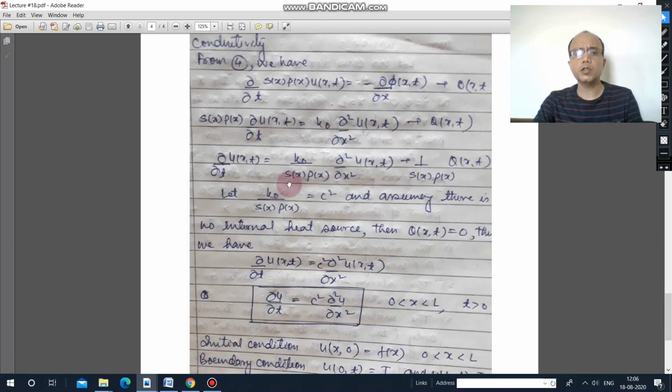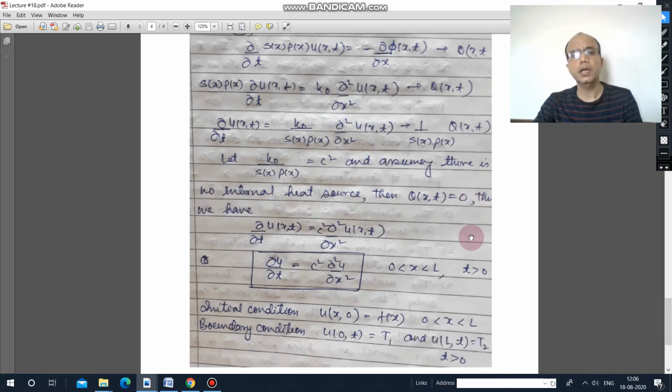Clear? And suppose you can assume this constant is equal to c square. If you assume that there is no internal heat source, as I told you, then Q(x,t) will be 0. It means it is a solid rod. So this equation becomes del by del t of u(x,t) equals c square del square by del x square of u(x,t). Clear?